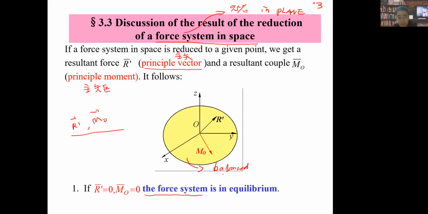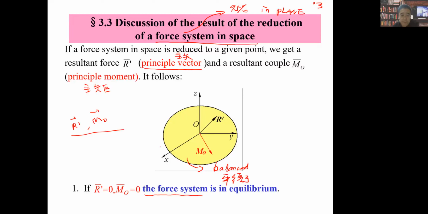In Chinese, we call that 平衡. So if we are lucky, when we finish the reduction of a general force system in space, we finally find R prime equals 0, MO equals 0.